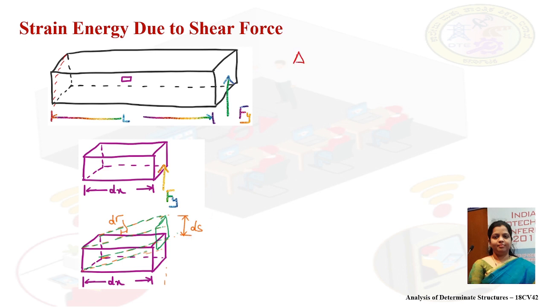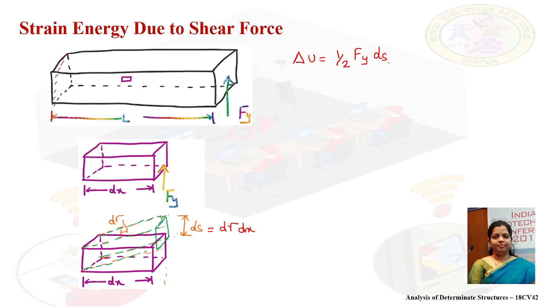So the strain energy stored in this element, delta U, is given by half into force Fy into displacement ds. This ds is equal to d gamma into dx.